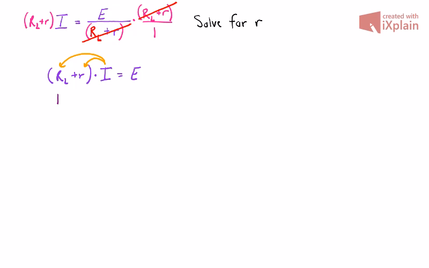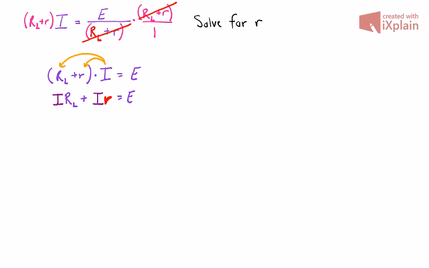So we actually have capital I times capital R sub L plus capital I times lowercase r, and that is equal to E. Again, our goal is that we want to get this lowercase r all alone.